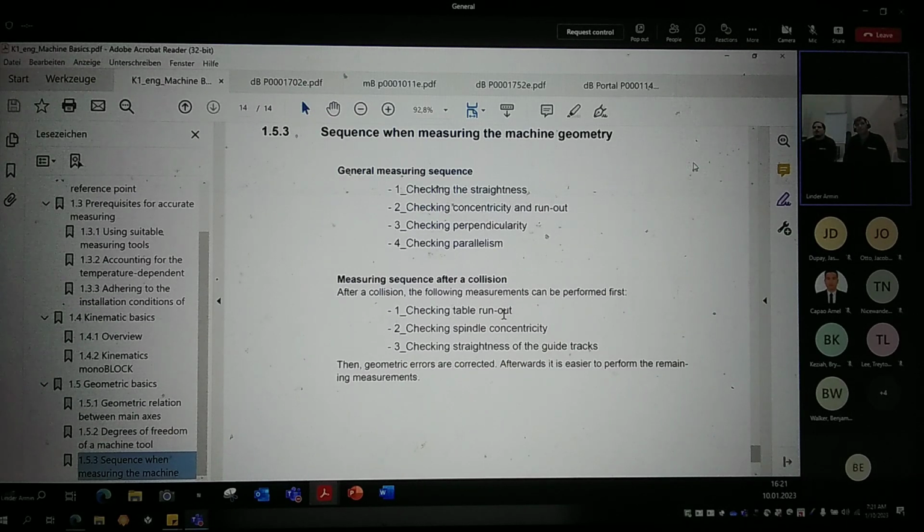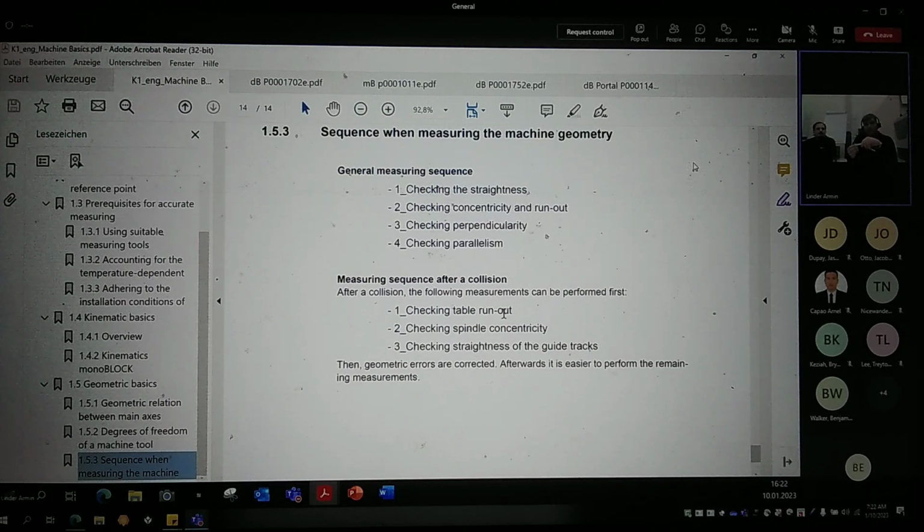Same if we see some straightness error of the guide tracks. Maybe we will show it tomorrow when we do it on the machine. Sometimes, for example, you move with your dial gauge on the test bar or the frame or the T angle, and you see in the last 10, 15 millimeters a rise.